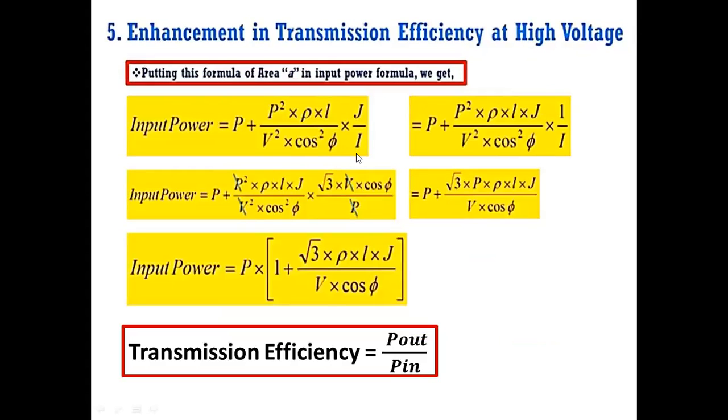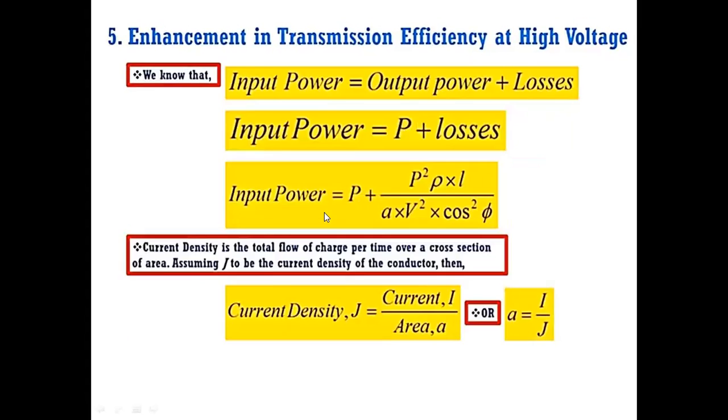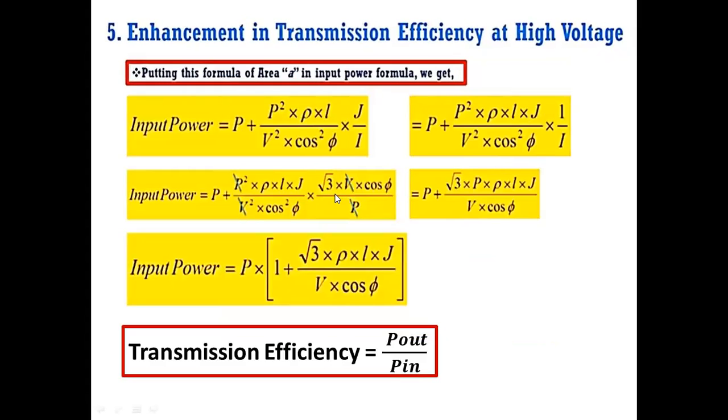So we will have J over I. Now replacing the value of I from the previous slides, this is the value of I. Few of the variables will be cancelled out from the numerator with the denominator. So we will get P plus this. Now, this is the input power.